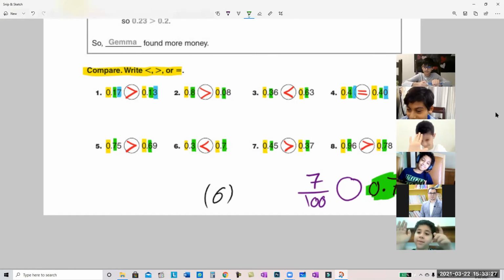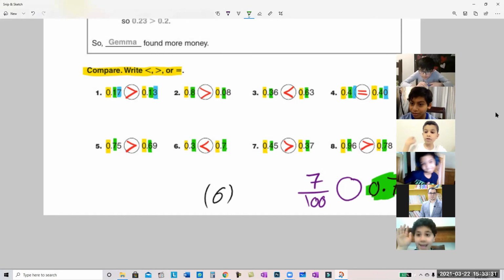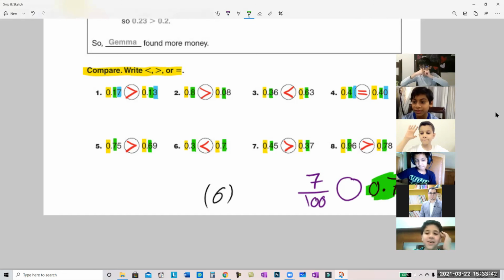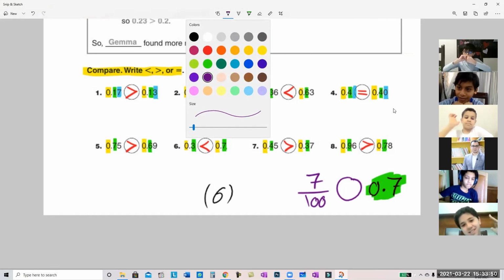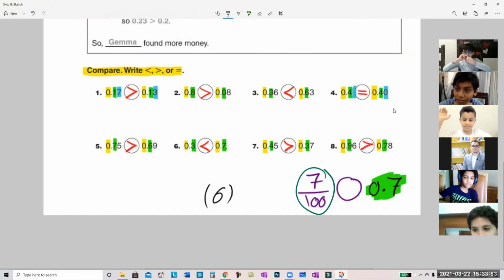Okay, does anyone have another opinion here? Yes, I do. Mahdi. What do you think? Is Faris correct? No. Because, firstly, you have to convert this to become a fraction, or to become decimals.